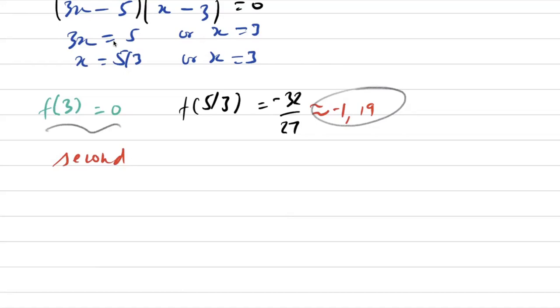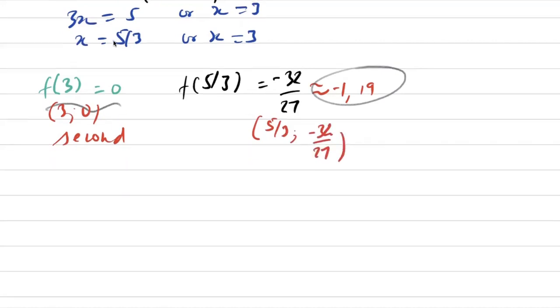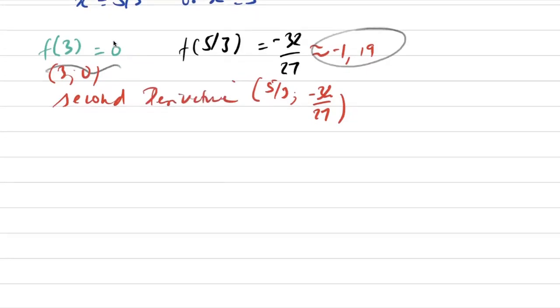So we know the output values. This turning point is 3 and 0, and that turning point is 5 over 3 and negative 32 over 27. So we'll look for the second derivative. This is also called the derivative of the derivative.